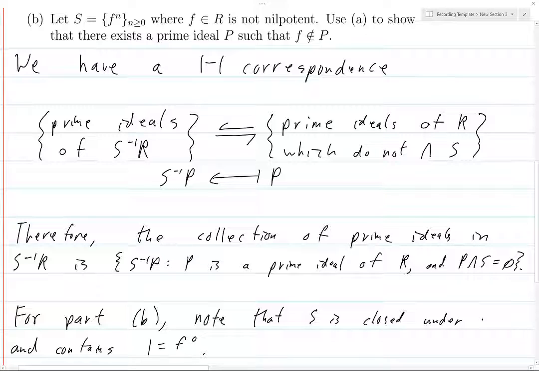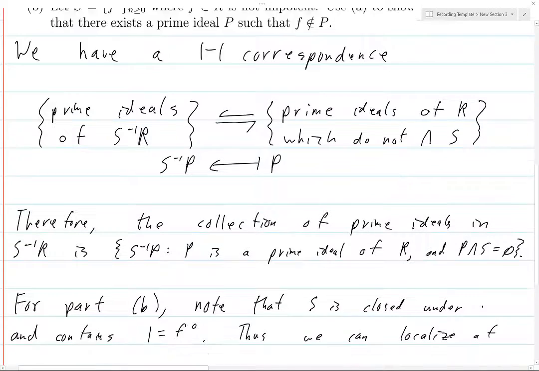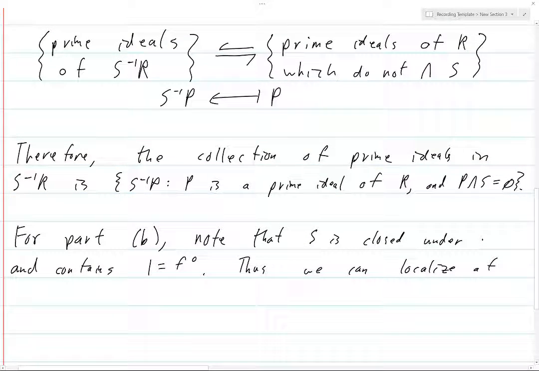And it's obviously closed under multiplication, thus we can localize at S to obtain a ring S inverse R.